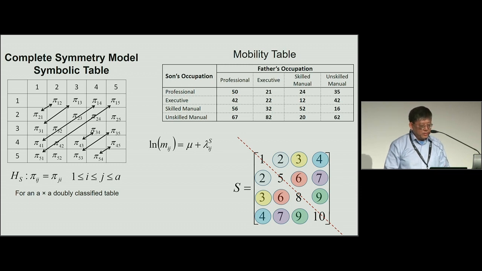That means the cells are equally likely, with the diagonal as the reference. You can see the specification of the matrix here shows that this 2 is equally likely. The one in 3 painted in yellow is also equally likely. So it's not too difficult to specify this particular model called the complete symmetry model.